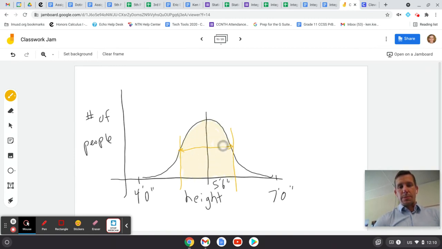So in other words, if you take the average height, which is this middle, and you add or subtract the standard deviation, 2/3 of New Tech students will fall within that height range.